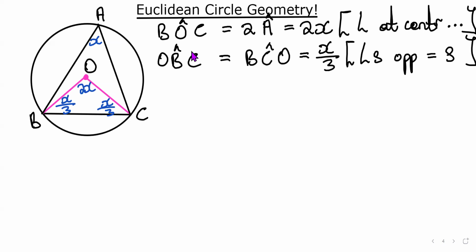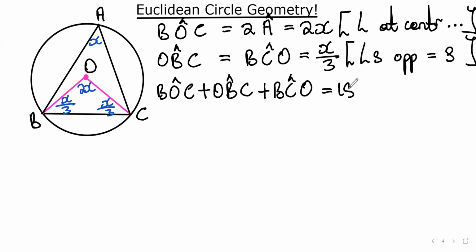Then it's now easy. We now say, if we take BOC, we add it to OBC, which in turn is added to BCO, the result will be 180 degrees. I think this reason we've been using as early as grade 8: the sum of interior angles of a triangle.